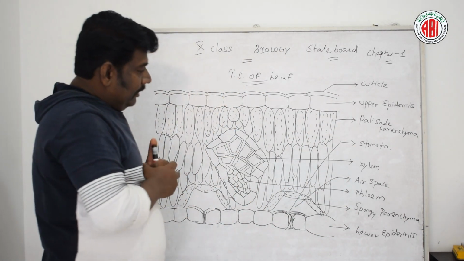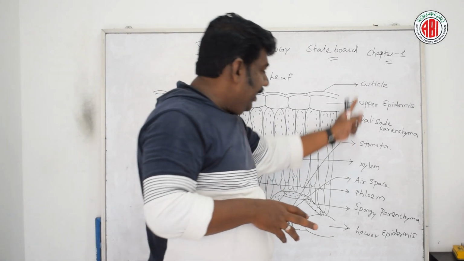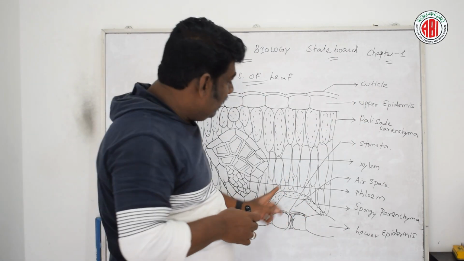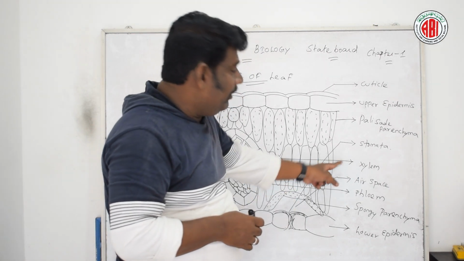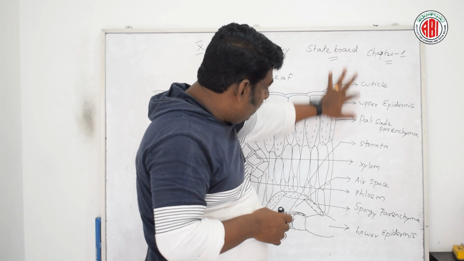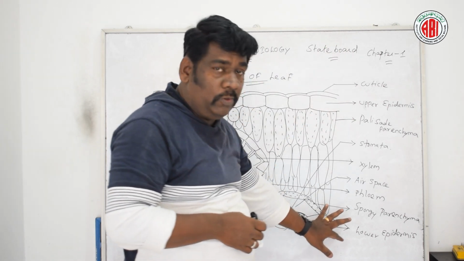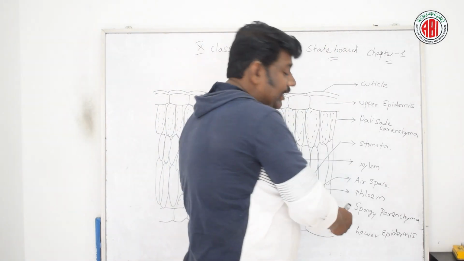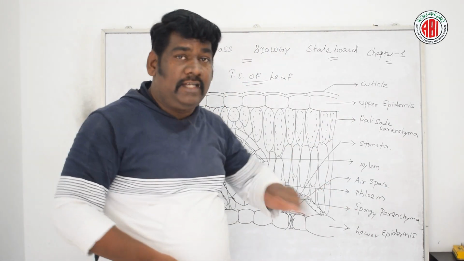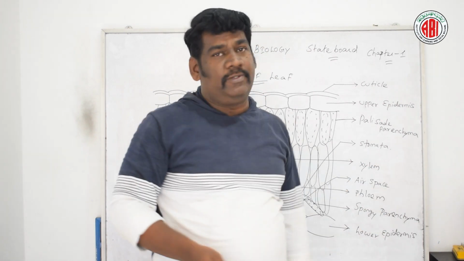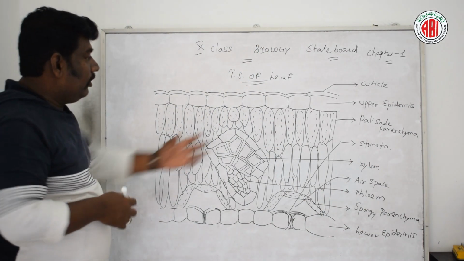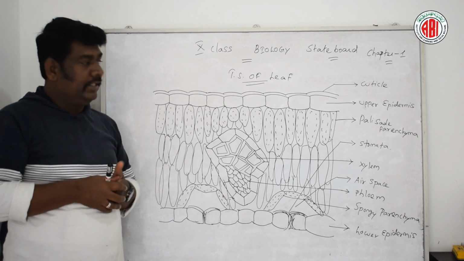Whenever you write all the labelings on one side, first place a scale or ruler and rub it in a vertical manner, so that all the lines lie on the same plane, and then you can write the labeling parts. Right, so this is about TS of leaf.